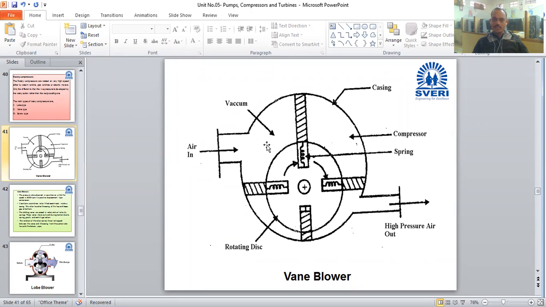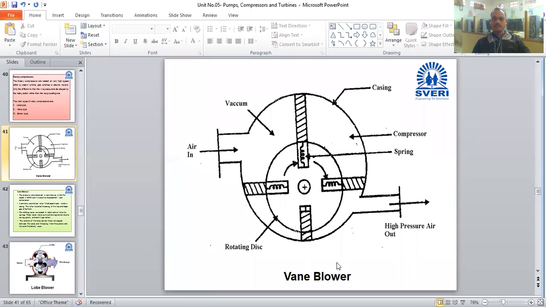For that, 4 chambers are created. This is the casing, these are the vanes which are inserted into the slots, and springs are attached to the vanes. The springs take care of the contact of the vanes with the casing.